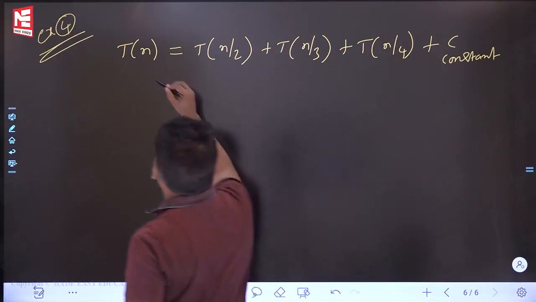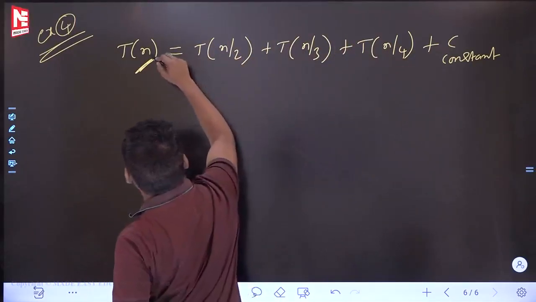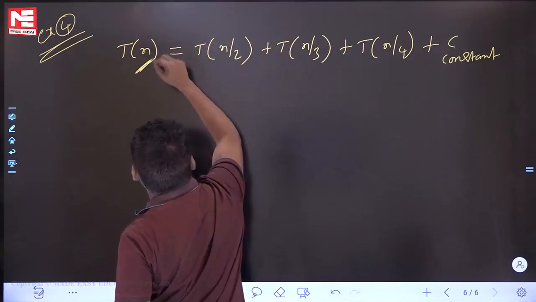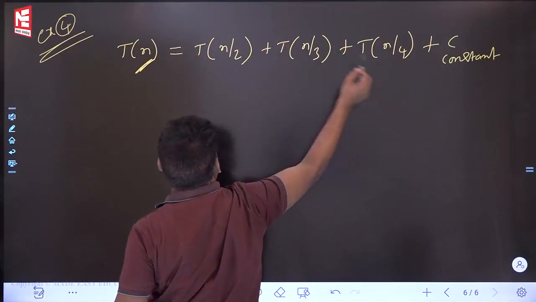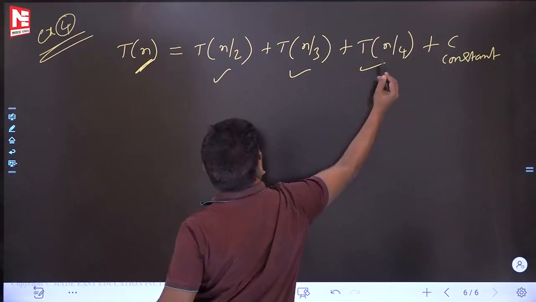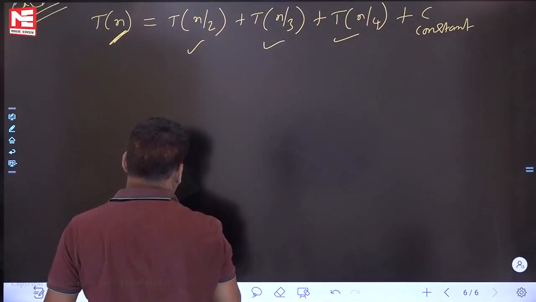So what is the meaning? If I give n non-recursive term, c will come. If I give n by 2 non-recursive term, c will come. If I give n by 10 non-recursive term, c will come. Please be careful. And one more, n will be divided into 3 parts: 1, 2, 3. Let's start. This problem will also give more clarity. Please be careful.